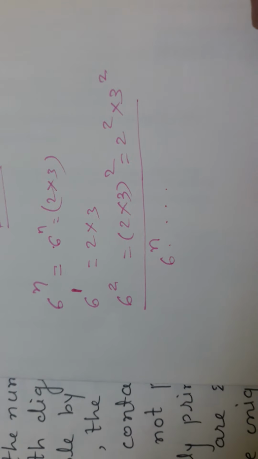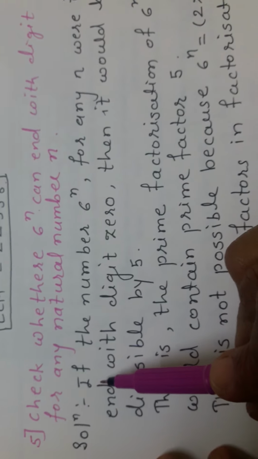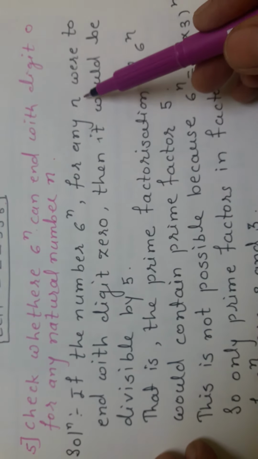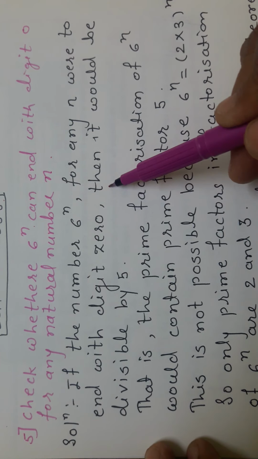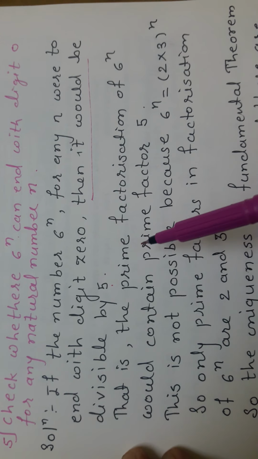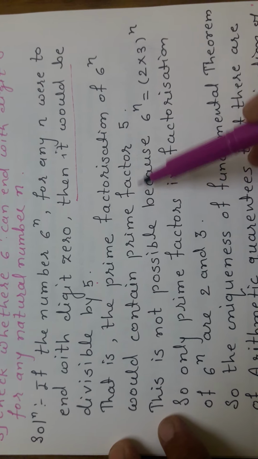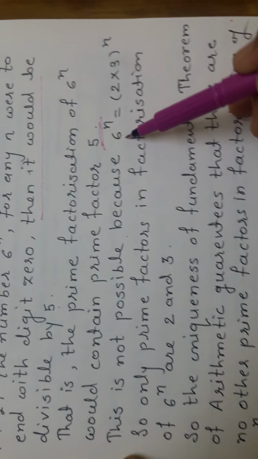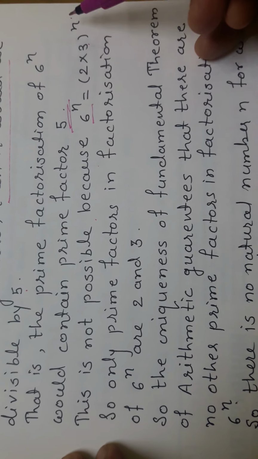Okay, now here we have to write this. The solution of this problem: if the number 6 raised to the power n, for any n, were to end with the digit 0, then it would be divisible by 5. That is, the prime factorization of 6 raised to the power n would contain the prime factor 5. This is not possible because 6 raised to the power n is equal to 2 into 3 raised to the power n.